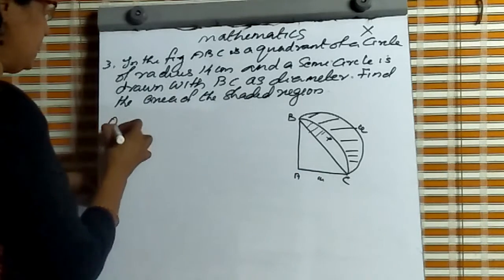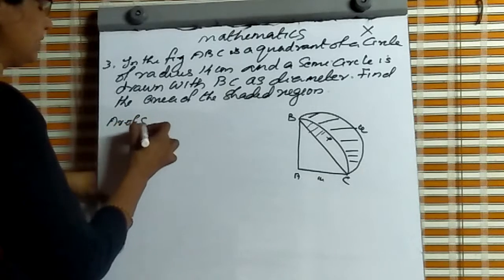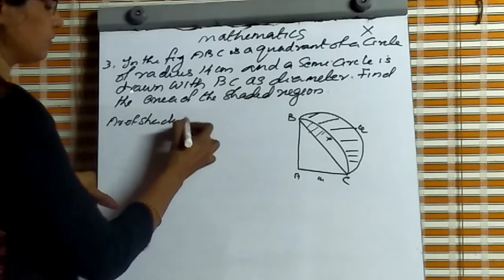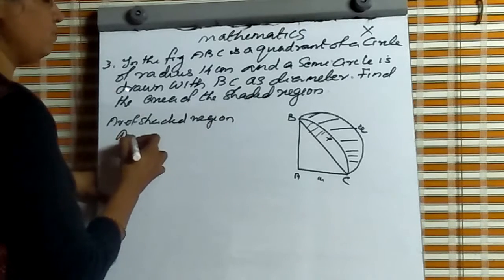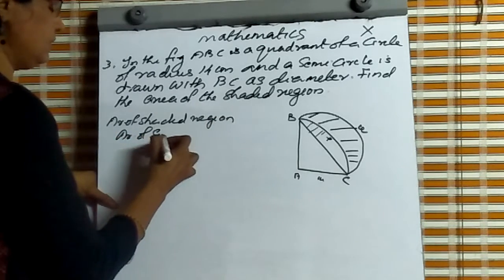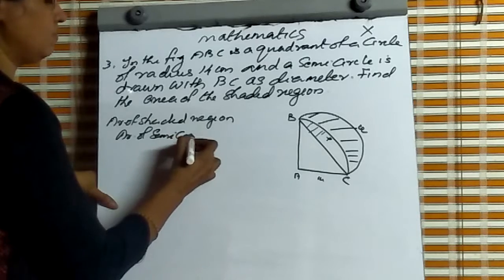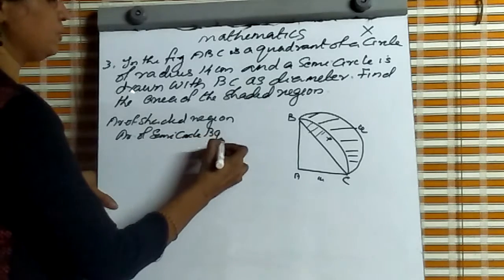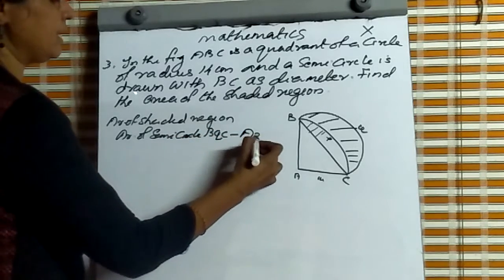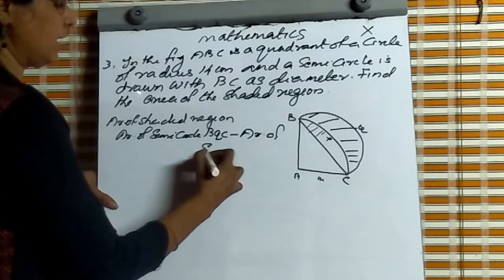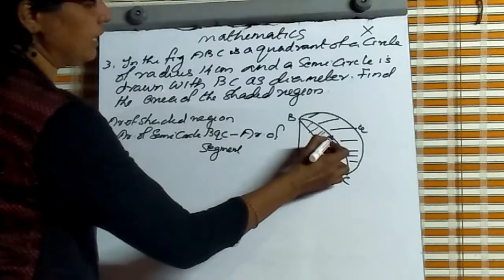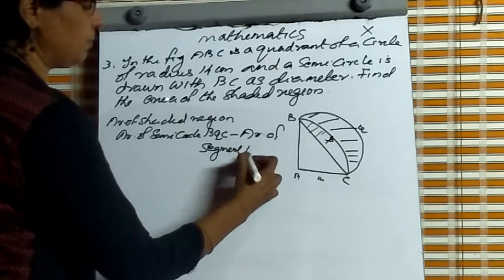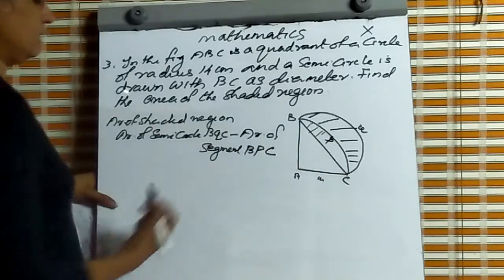First one, area of shaded region is equal to area of semicircle BQC minus area of segment. This point is P, so segment BPC.